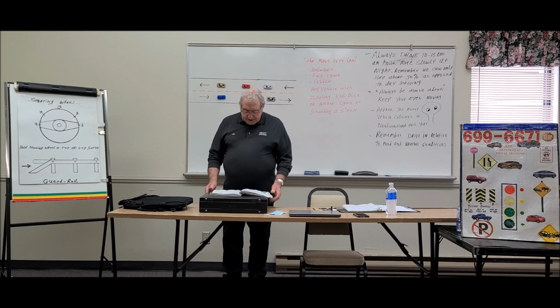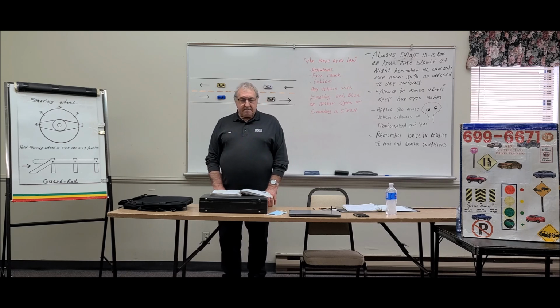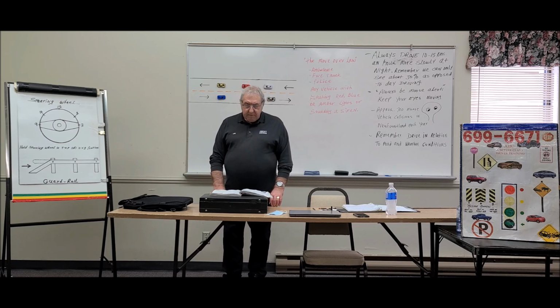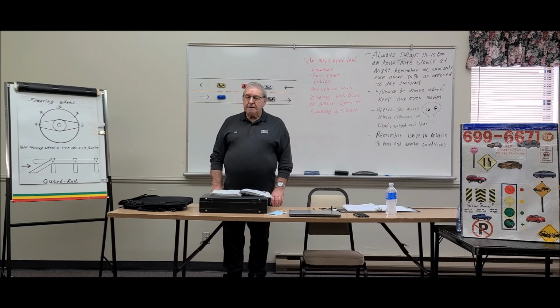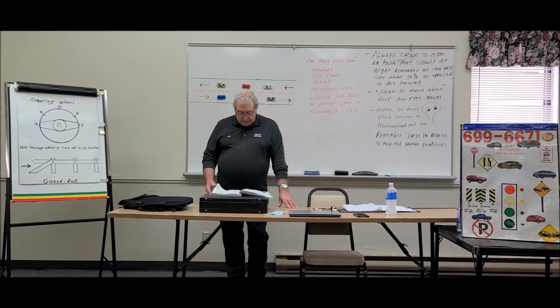And of course, backup aids, that's been on cars now since 2015. All cars have backup aids. Before that, a lot of cars did have them, but not all vehicles before 2015, because the federal government said, their engineers said, look, in 2015, any car that's built and sold in Canada had to have a rear vision camera, whether it be a Volkswagen or a Honda or a Ford or Chevy or whatever the case may be.